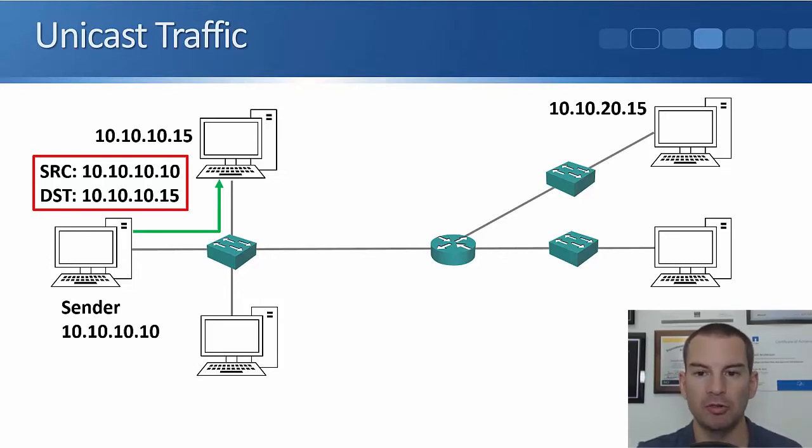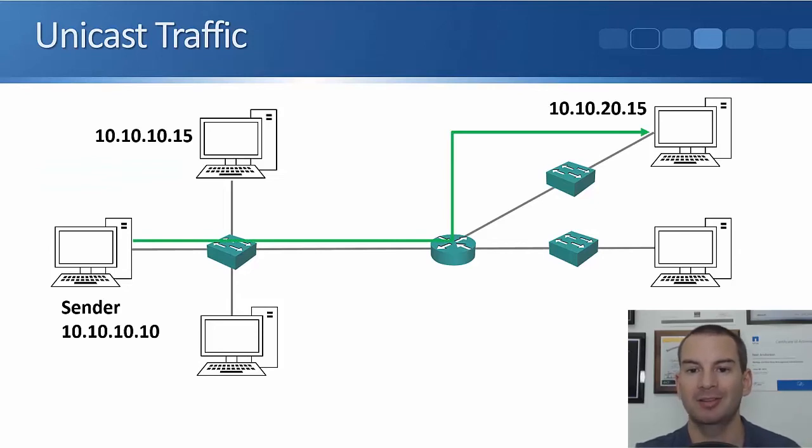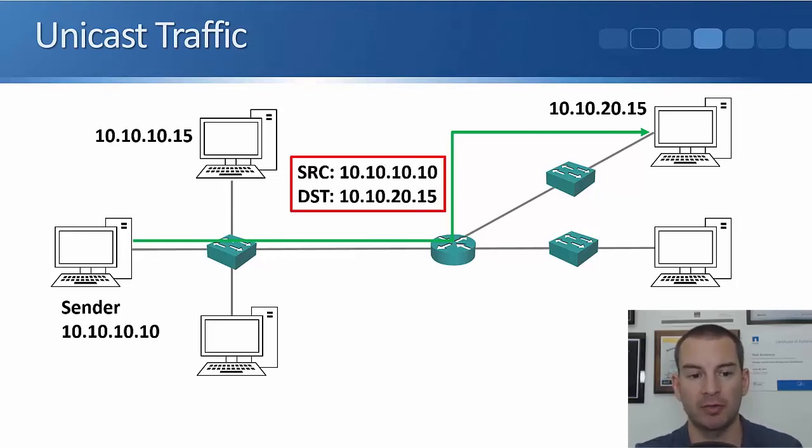Let's say that the host then sends traffic to the other host up in the top right. Let's say that this is a video stream that we're sending again. So we've unicast it to 10.10.10.15. We then unicast it to 10.10.20.15 as well. If you look in the IP header, again, unicast traffic, the source address is 10.10.10.10, the destination address is 10.10.20.15.